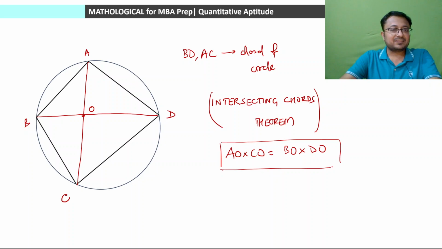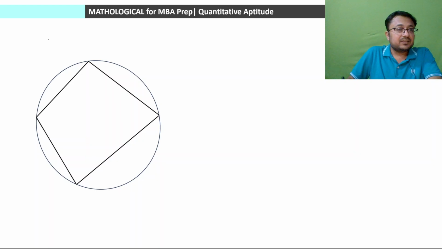Now one last property, that is Ptolemy's theorem for cyclic quadrilaterals.